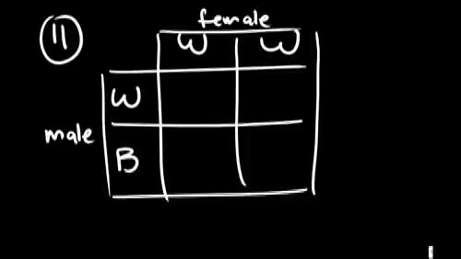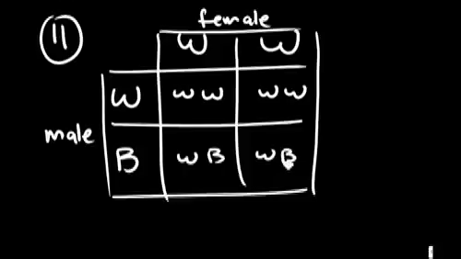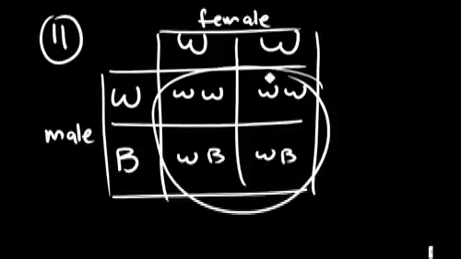The male and female, when they have an offspring, each contribute one gene: W from the female, W from the male; W from the female, W from the male; W from the female, B from the male; W from the female, B from the male. So what we see here is a list of all possible outcomes in terms of the genes for offspring.